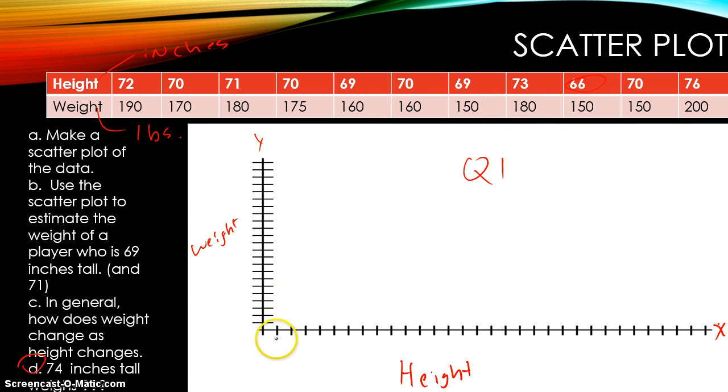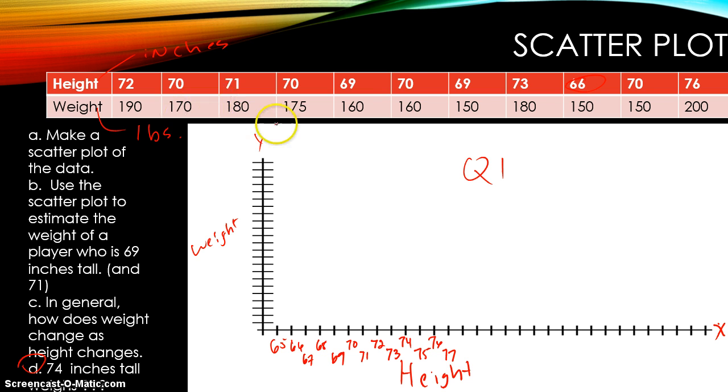So we start with 65, 66, 67, 68, 69, 70, 71, 72, 73, 74, 75, 76, and 76 is our highest, so we'll show 77. I could have probably spread this out a little bit further, but that's okay.